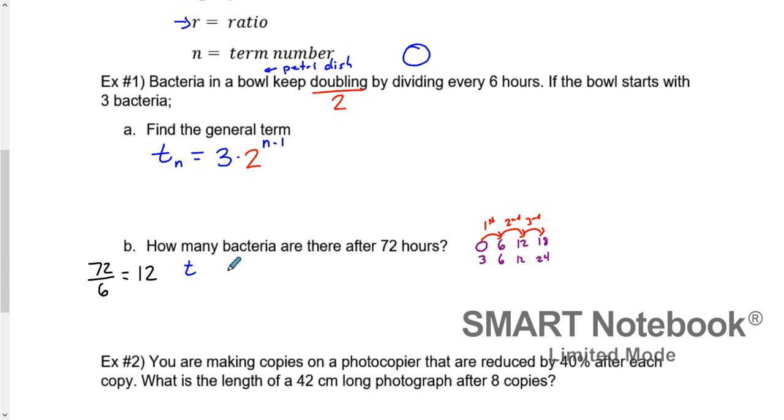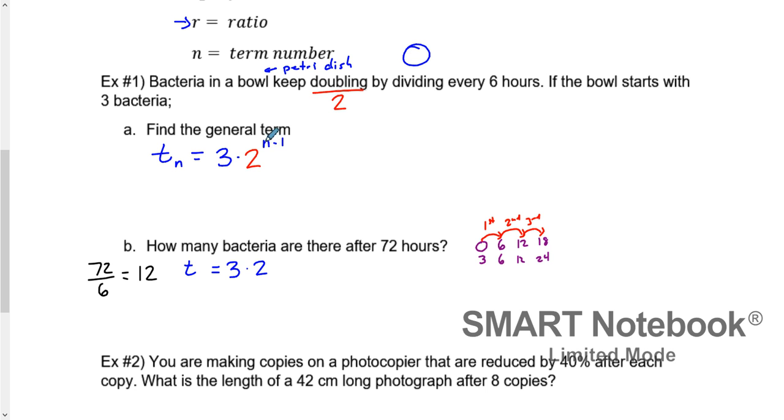We're going to find out a term, but we want to find out something more specific. We're still going to use some information. We just need to find out what is n. At time 0, this would be our first term.